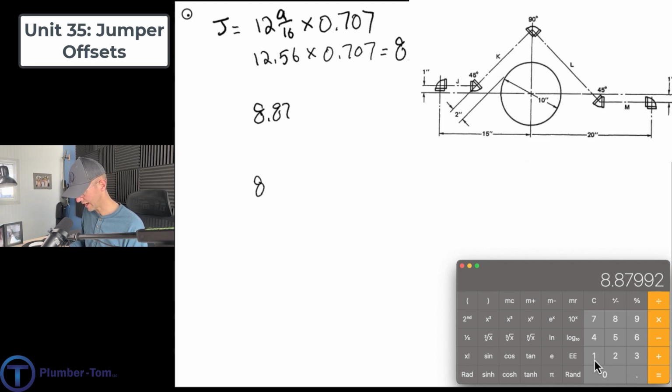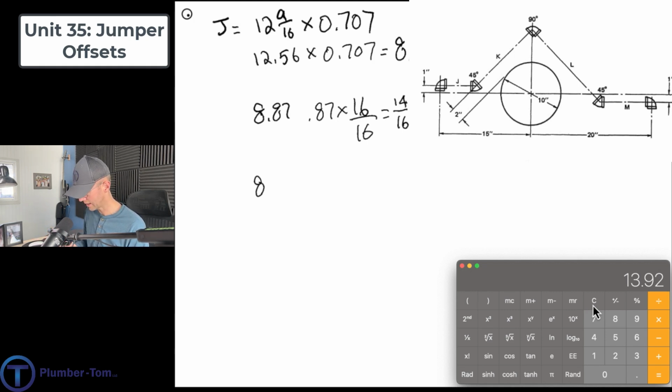Let's convert that 8.87 into 16ths of an inch real quick. We're going to save the 8. We need 0.87 times 16 over 16. 0.87 times 16 is going to equal 13.9, basically 14 16ths. We can reduce that down to 7/8 as a fraction. Just divide both the numerator and the denominator by 2.